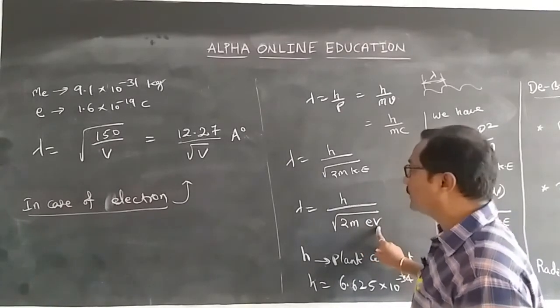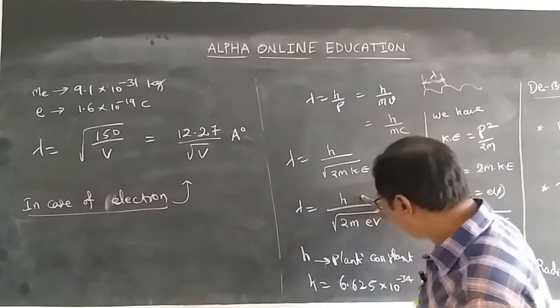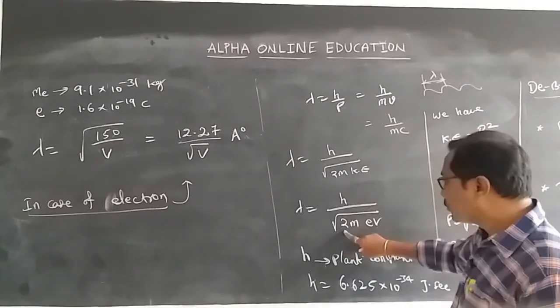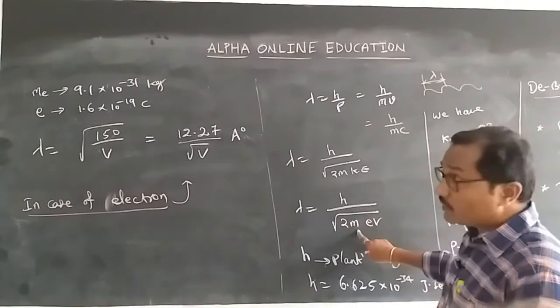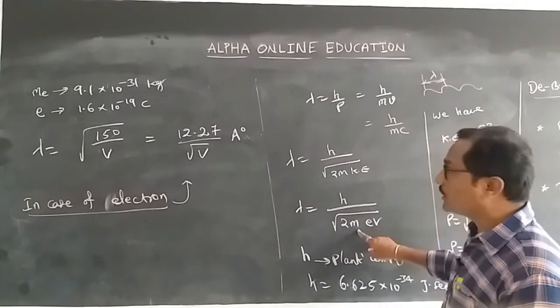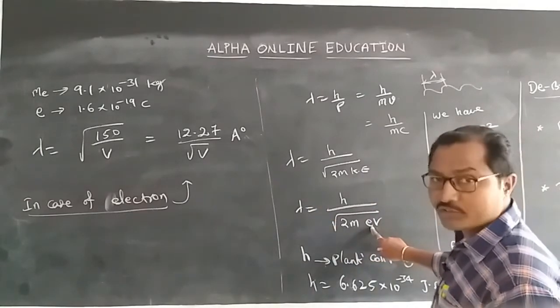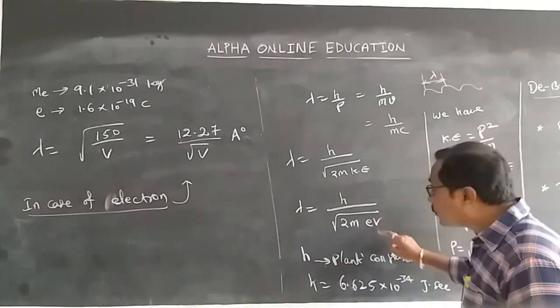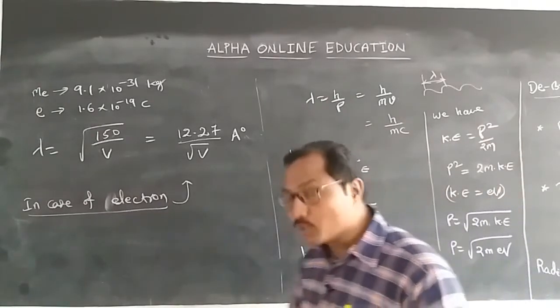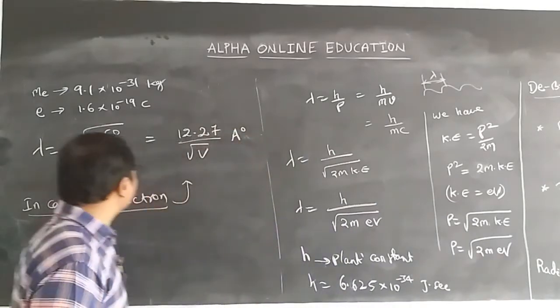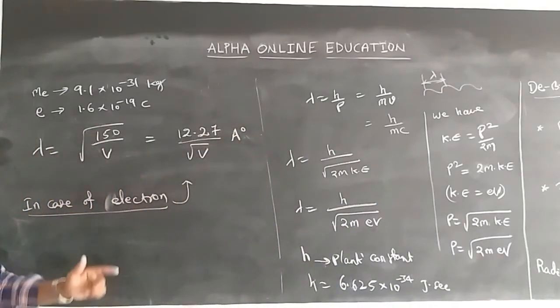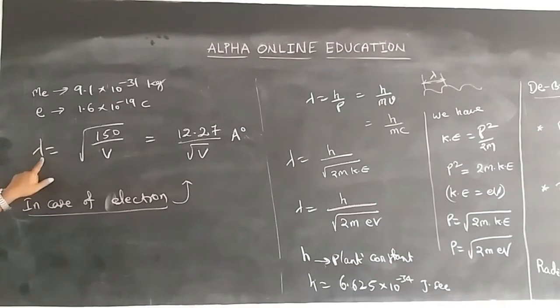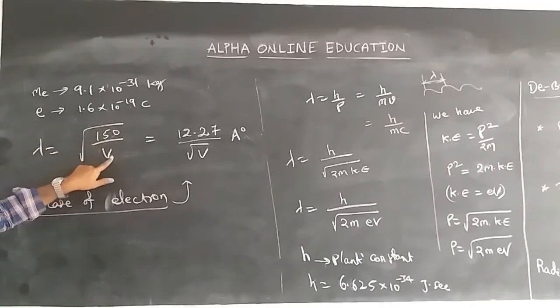Okay, that is 6.625 into 10 to the power of minus 34, 2 into 9.1 into 10 to the power of minus 31 kg and 1.6 into 10 to the power of minus 19 coulombs. And this is the potential difference between the anode and the cathode. Okay. So if we substitute all the values in that equation, we get the simplified equation, which I am directly writing: lambda is equal to the square root of 150 divided by the potential difference.